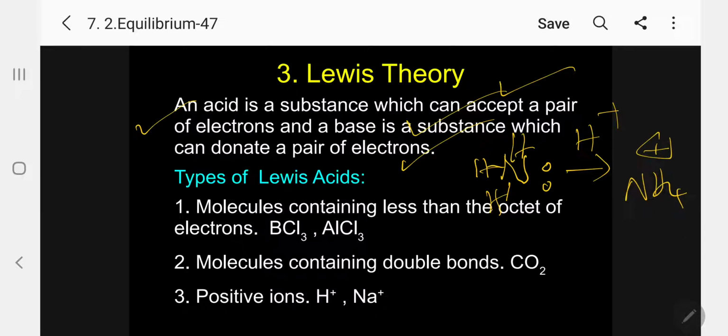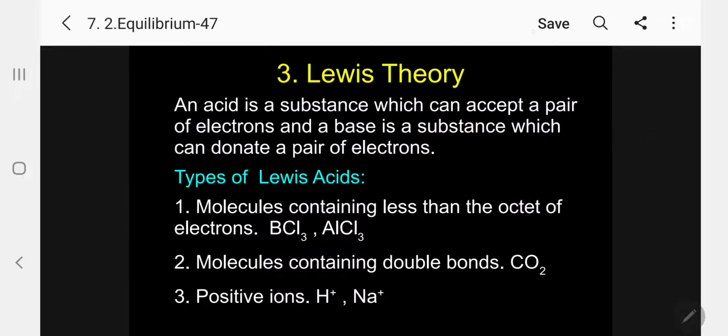So ammonia is a base. Kindly follow. An acid is a substance which can accept a pair of electrons. Examples are all Lewis acids, for example in the boron family, boron trichloride, aluminum chloride, etc., which obey this theory.